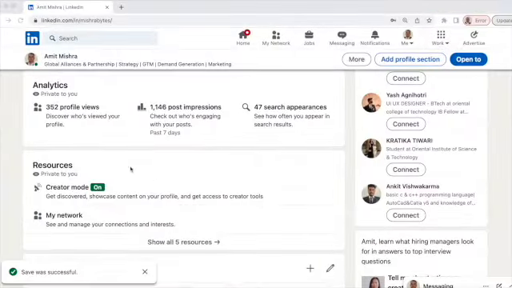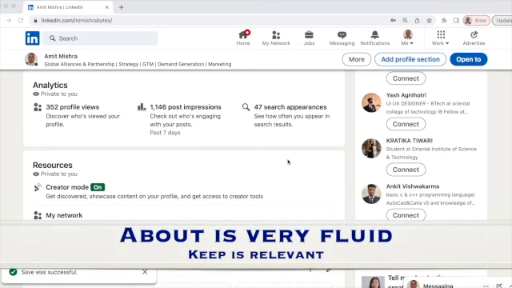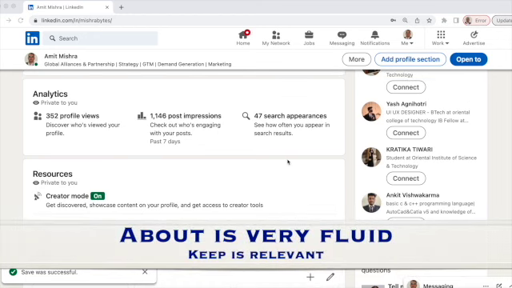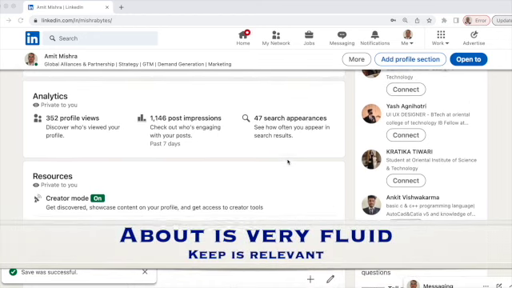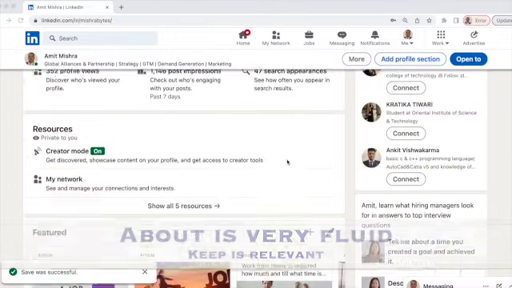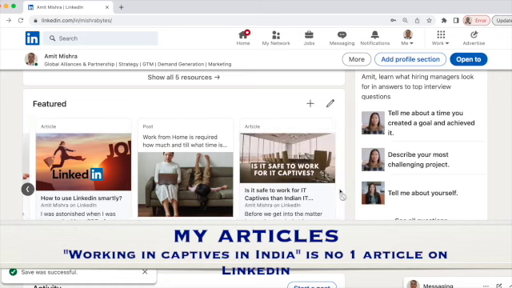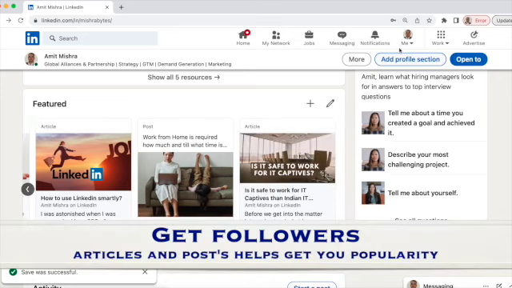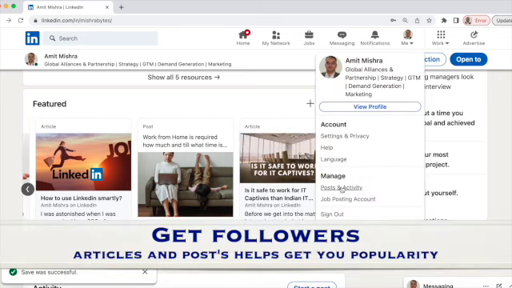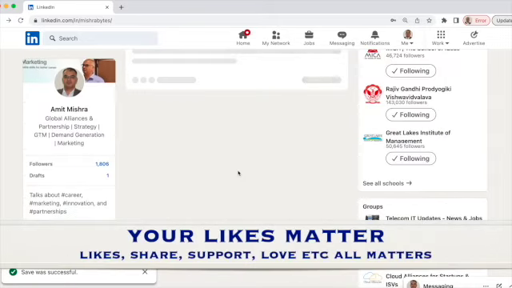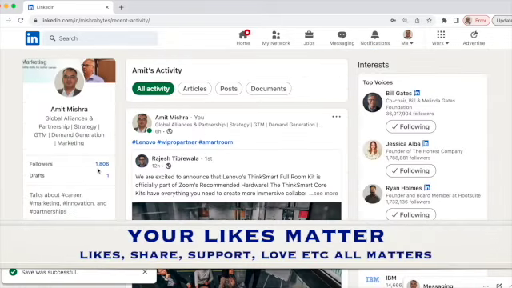Let's talk about whether your profile is popular on LinkedIn or not. In our series on making an awesome profile, we have understood that there are three things which are important for your profile. One is its completeness, is it searchable, and then whether your profile is popular or not. There are many things you can do to make your profile popular.